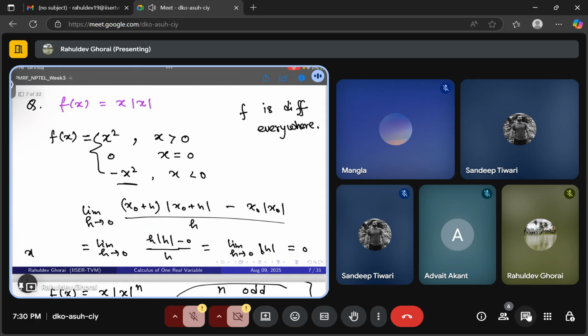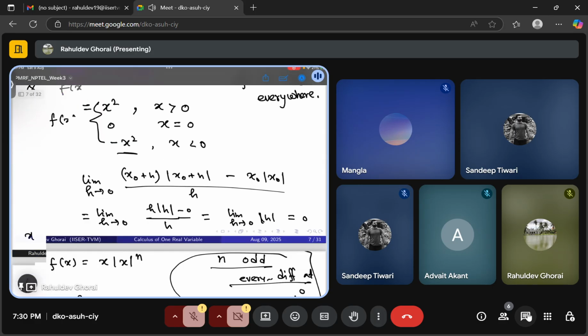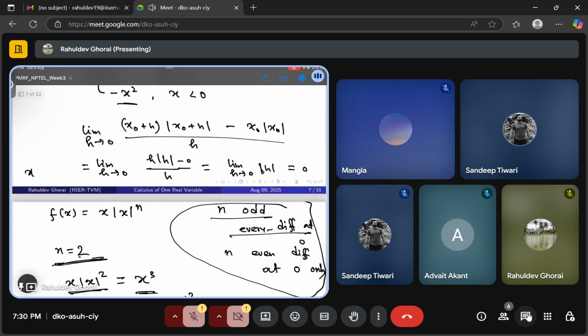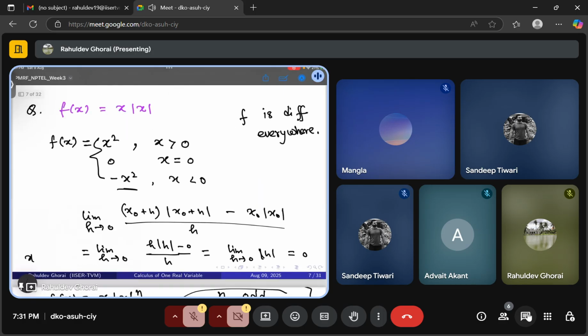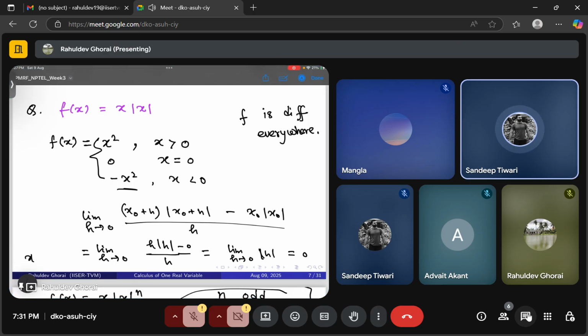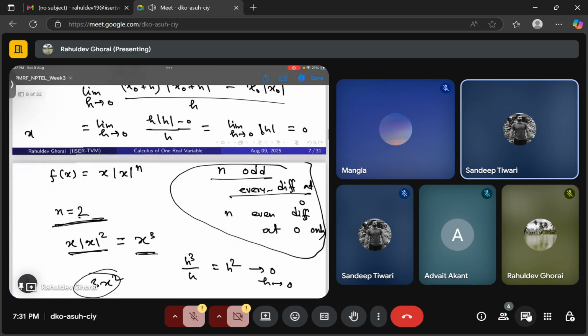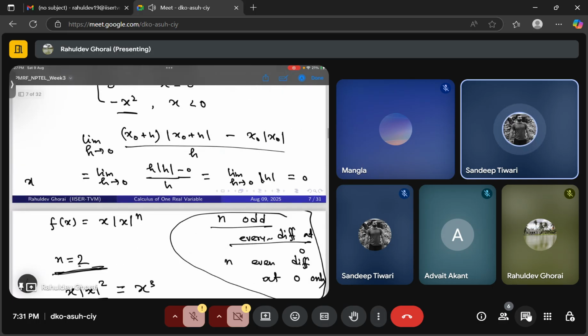This is x times mod x, that is also differentiable. You have to do some more values of n, then you can realize it. For now I can't say for what values of n it will not be differentiable. I think for even values it is differentiable everywhere, sir. Even values of n.